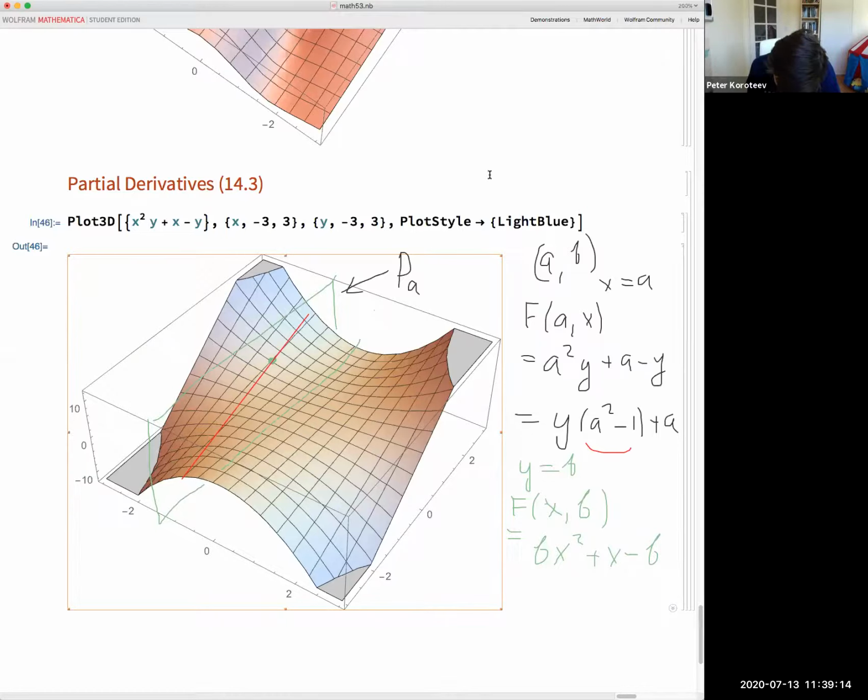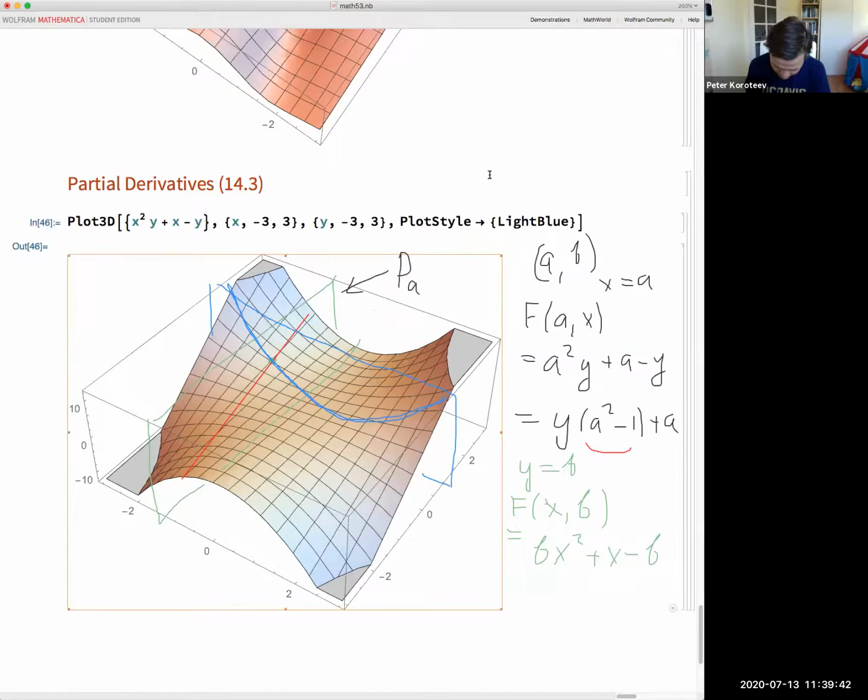So we can cut it by this plane, and then here we'll get a parabola whose curvature and shift depend on where you are on the graph. And now we can study these functions individually, right?